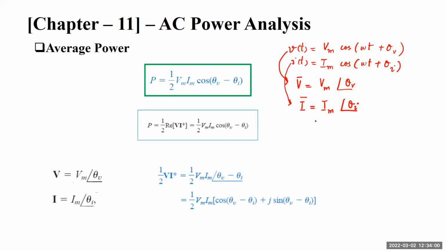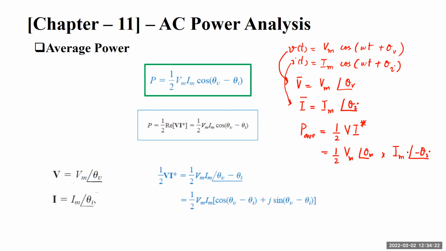So if I'm going to find the average power in this case, it will be half of the V phasor multiplied by the I phasor conjugate. So the V phasor will be Vm angle theta v, multiplied by Im. Since it is the conjugate, the angle comes out to be negative.